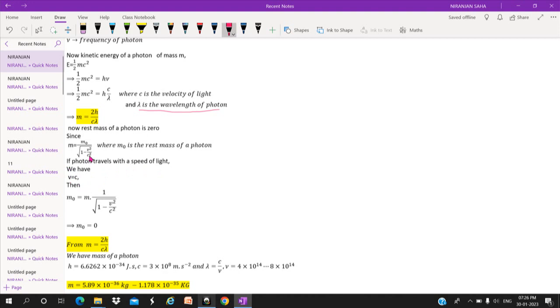So here, if v is equal to c and the photon travels with light, then this portion must be equal to 0.